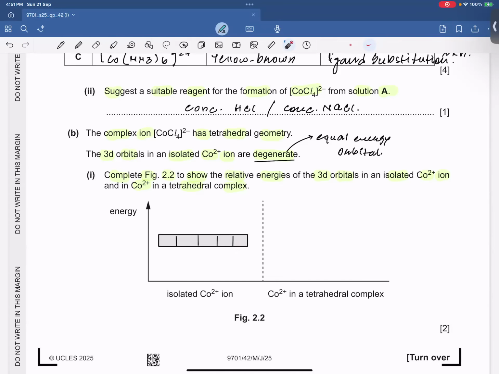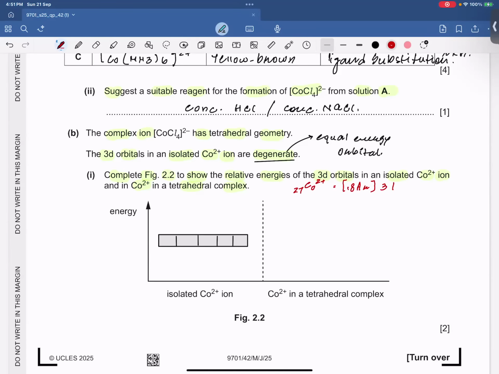First of all, let me get the electronic configuration of cobalt 2 ions. Now, cobalt has an atomic number of 27. So I'm going to use the short form of electronic configuration. In place of 18 electrons, I'm going to write argon.